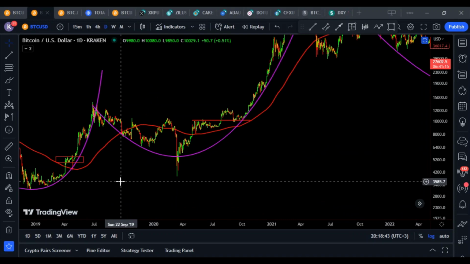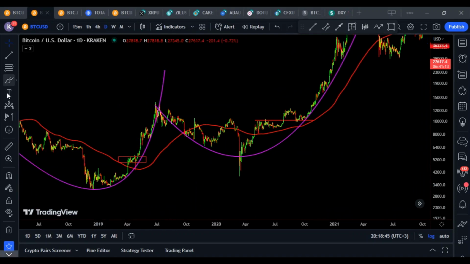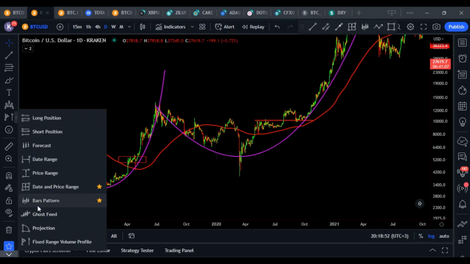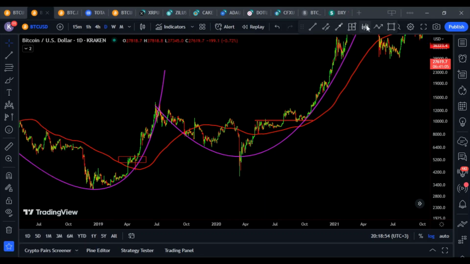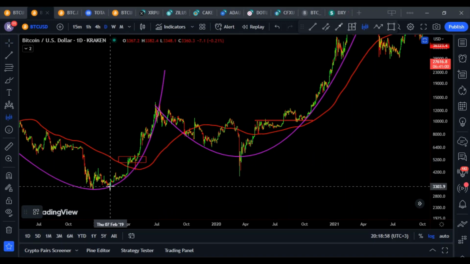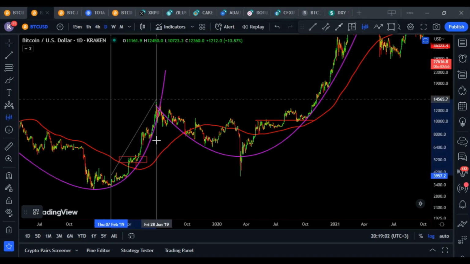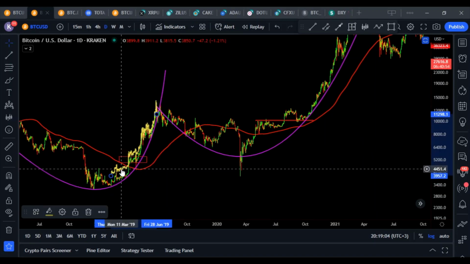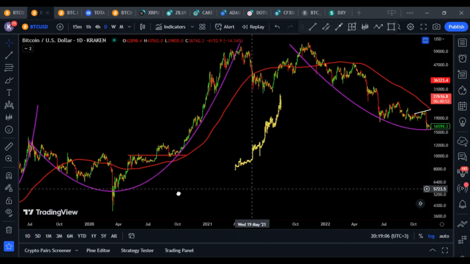So if we want to have an approximation value, let's take the ghost feed and take the accumulation from the very low, let's say this accumulation here, all the way to the top. So that would be the move from the lowest low to the top.